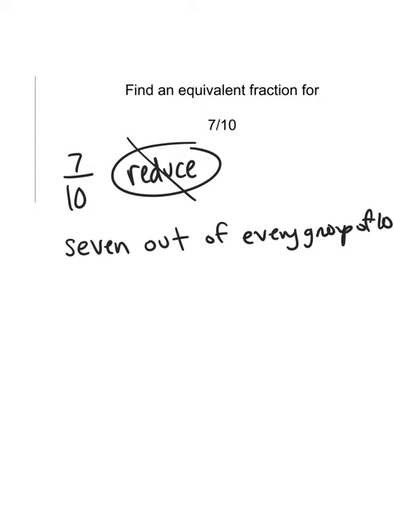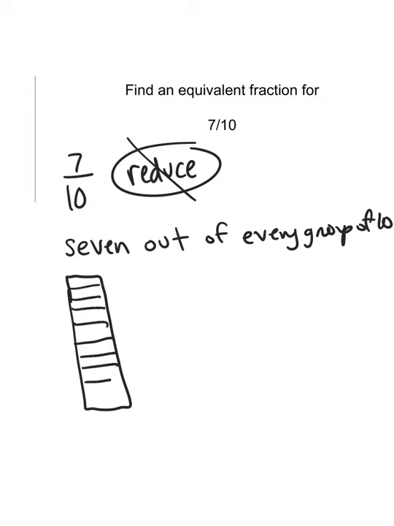So let's think about what fraction we would have if we had more than one group of 10. 7 out of every group of 10, so let's look at a group of 10. And let's shade in 7 of them. 2, 4, 5, 6, 7.